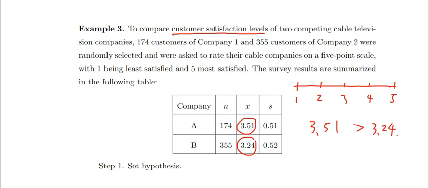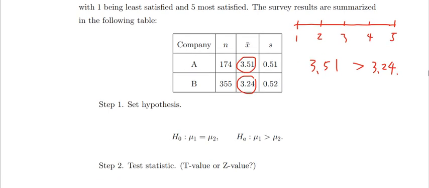First, set a hypothesis. H0 is no difference, right? HA here, again, is one-sided: this is better than that. You could also consider HA as mu1 not equal to mu2, meaning the two companies are the same or not the same.